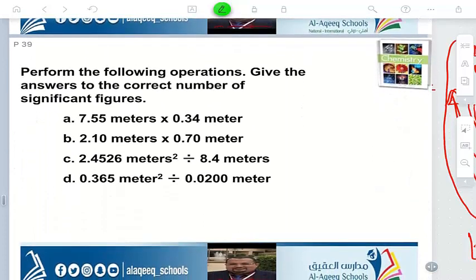Perform the following operations and answer the question. Look, we have 7.55 meters times 0.34 meters. Also 2.10 meters times 0.70 meters, 2.4526 meters squared divided by 8.4 meters, and 0.365 meters squared divided by 0.0200 meter. How can we deal with these problems?